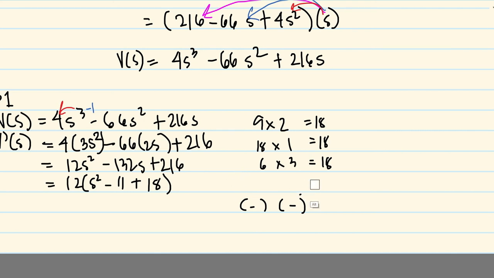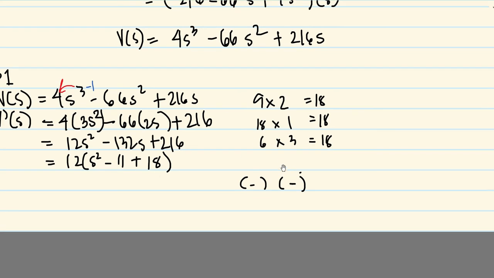So we have negative and negative. Negative 9 plus negative 2 is negative 11. So correct. Negative 18 plus negative 1 is negative 19, wrong. Negative 6 plus negative 3 is negative 9, wrong. So this will be our answer: negative 9 plus negative 2 equals negative 11.